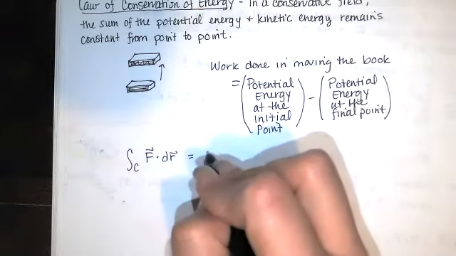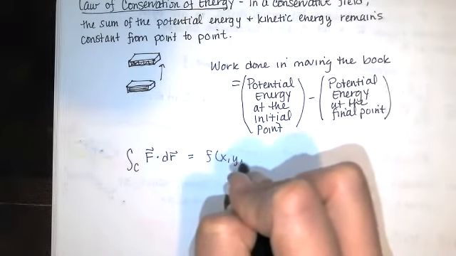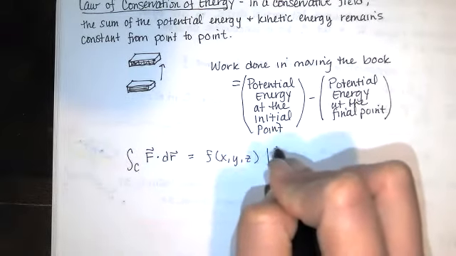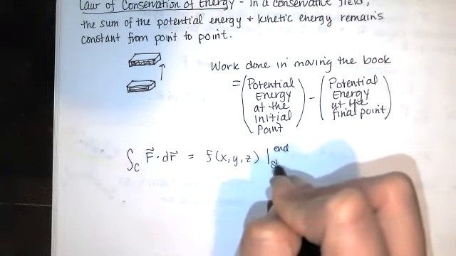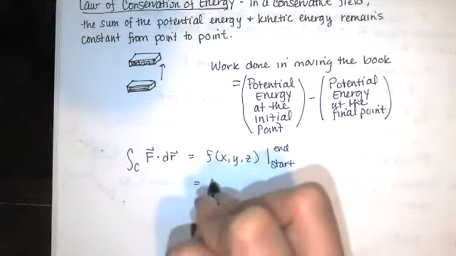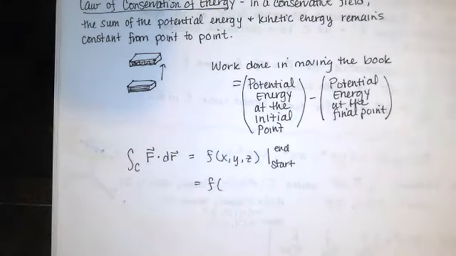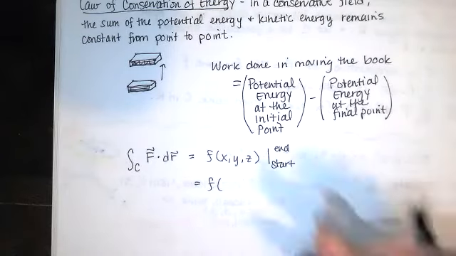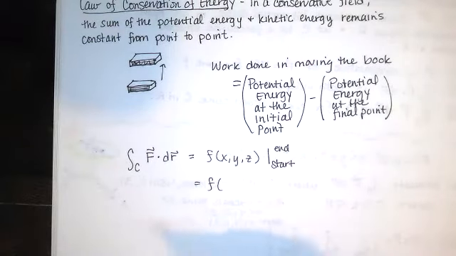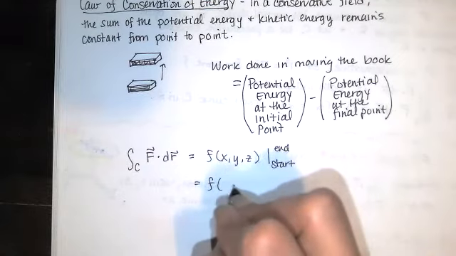So this is equal to that potential function at the end point minus that potential function at the start point. And it's just convention that the potential energy function happens not to be the potential function for that gravitational field. It's the negative of the potential function.